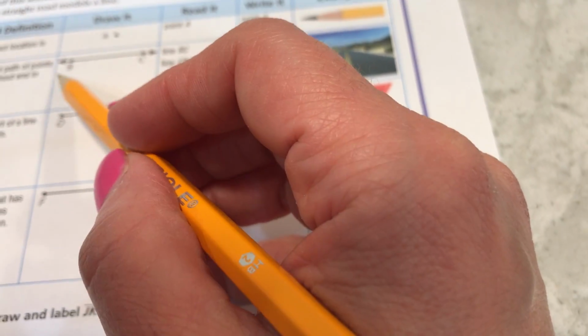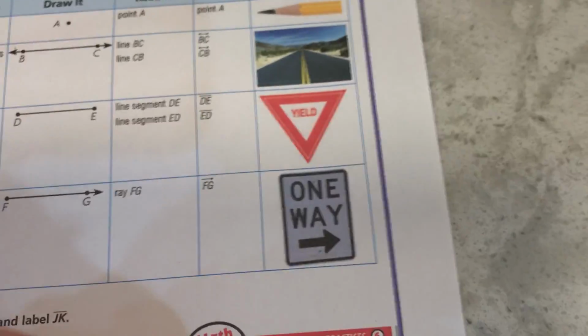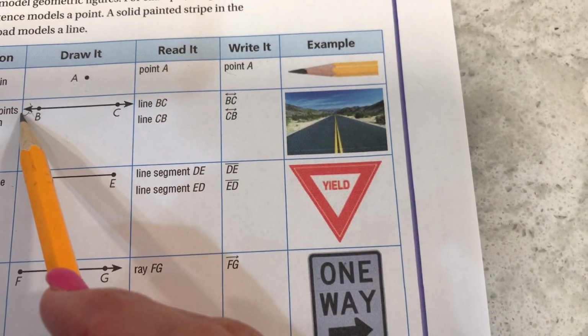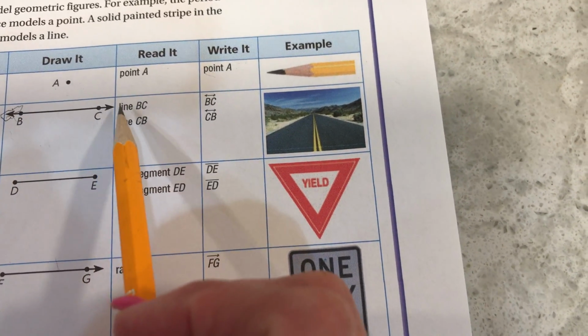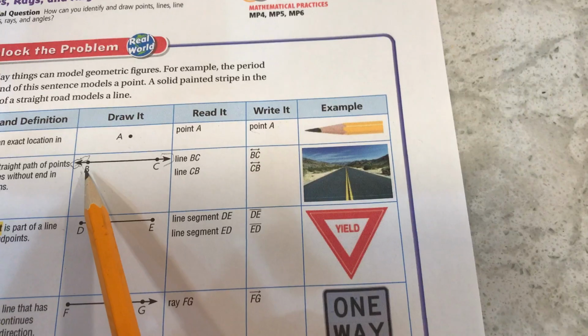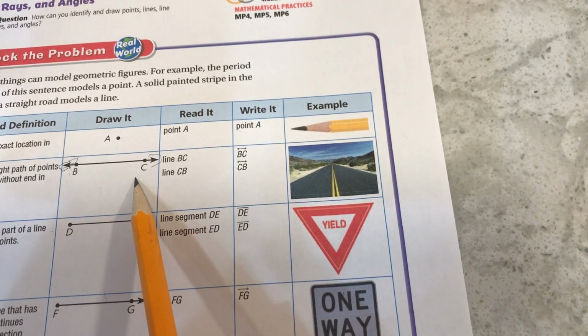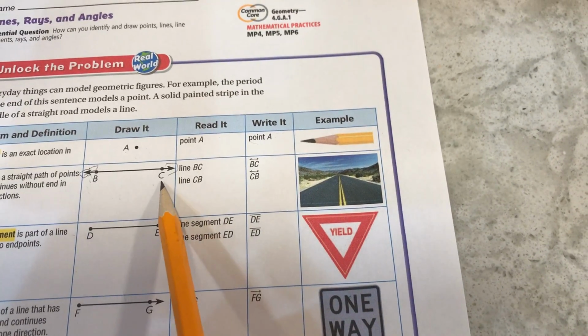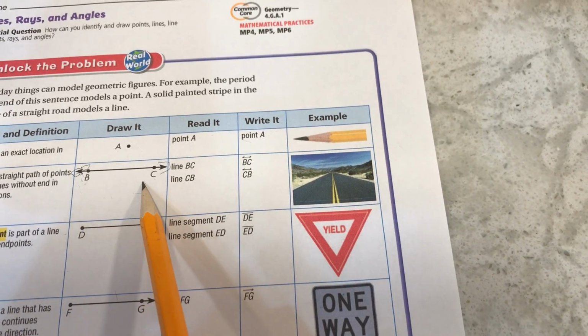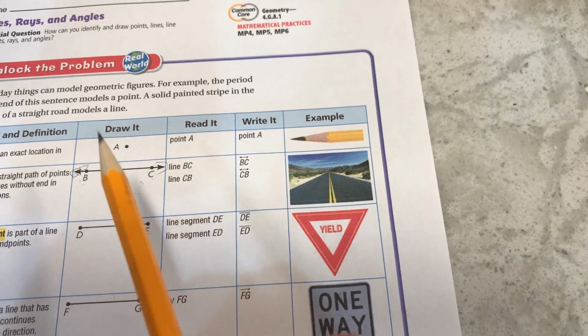That makes it a line and not a line segment. Okay, so a line has those points, the arrows on both sides. And I could read this as line BC, or I could read this going the other direction, line CB. It doesn't matter. It's almost like the commutative property.